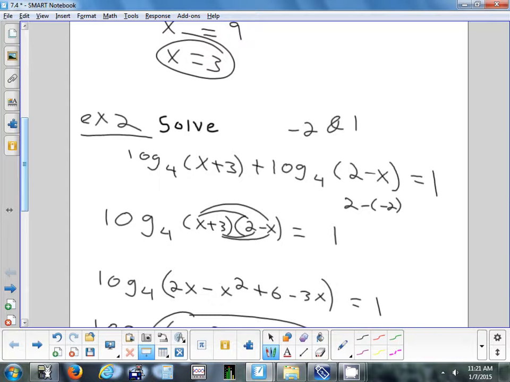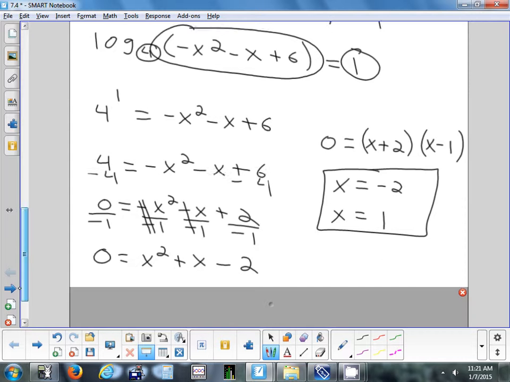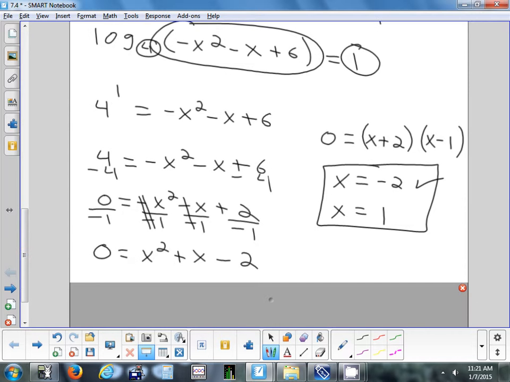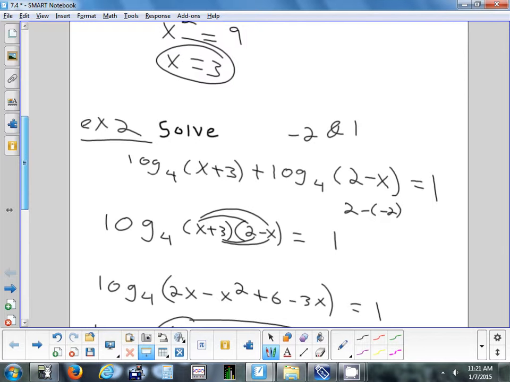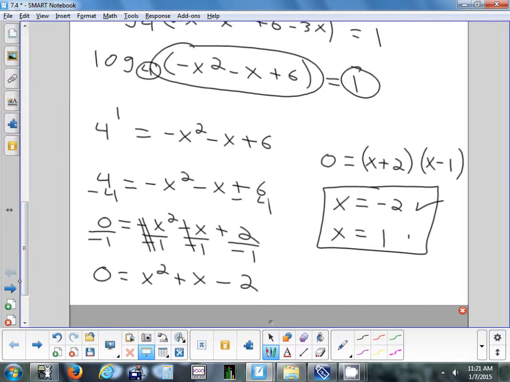Is that positive? Yeah. So -2 is fine. That answer works. Let's try 1. If you plug in 1 plus 3, that's a positive. How about 2 minus, if you plug in 1, is that a positive? Yeah, so 1 also works. So in this case, both answers work.